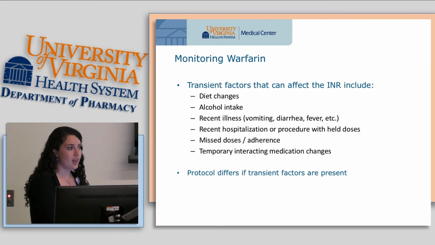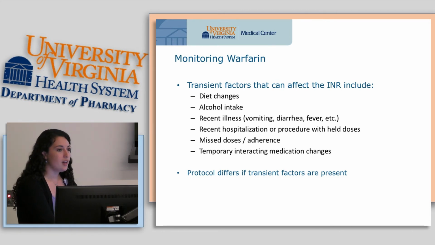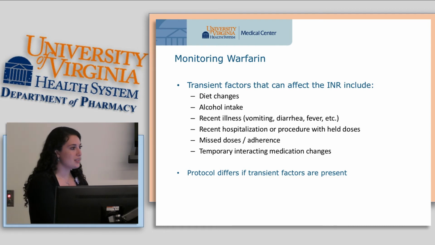Alcohol intake, if they had any recent illnesses, specifically like vomiting or diarrhea, but even just fevers or colds can affect the INR. Recent hospitalizations or procedures, and this is because usually doses are held, and then the 3 to 4 days down the road when we're checking it, their INR could continue to be affected.